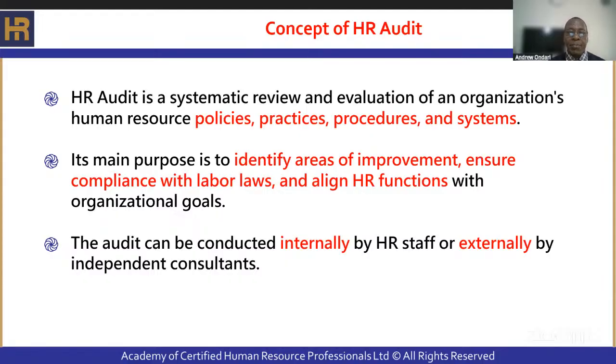So that is very important to a human resource manager, that all the systems that we have, like performance management system, reward system, compensation system, or even training system, they should be adequate, they should be relevant, and that they should be accurate.